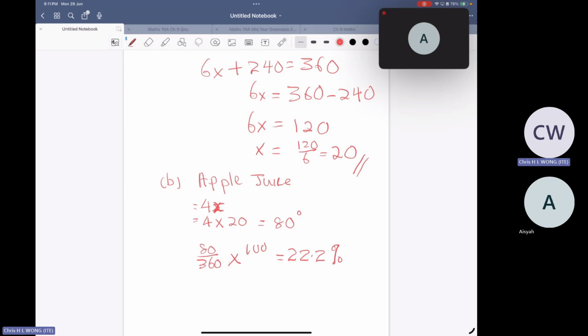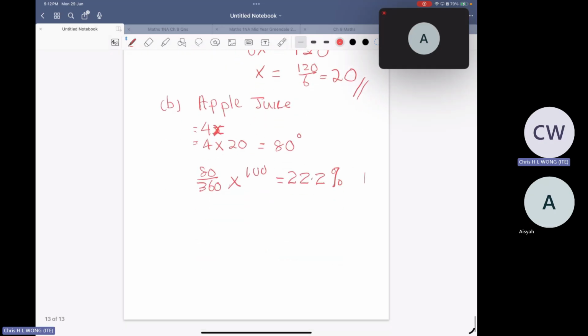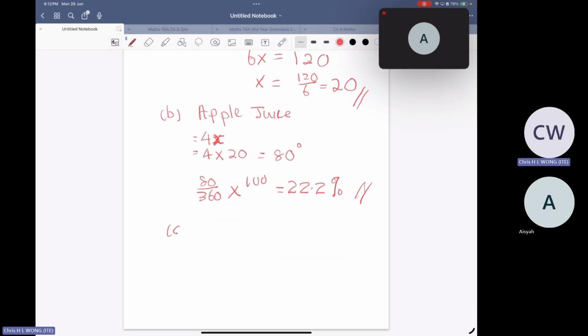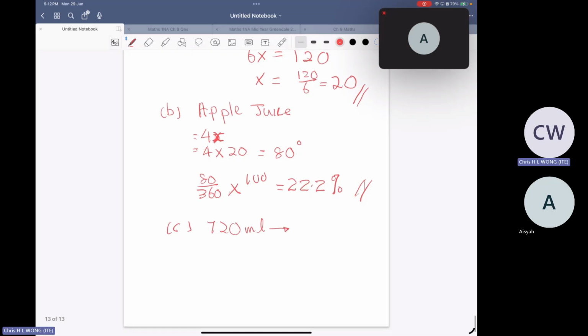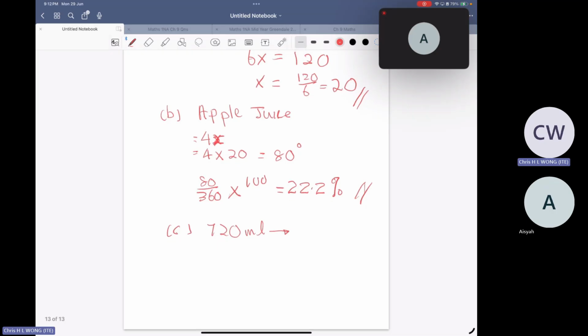Given to you already, 720 ml. How many degree? Fruit punch is 240, right? You are supposed to find the whole fruit punch, which is 360 degree.